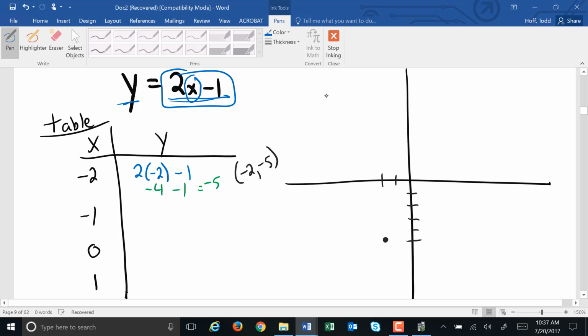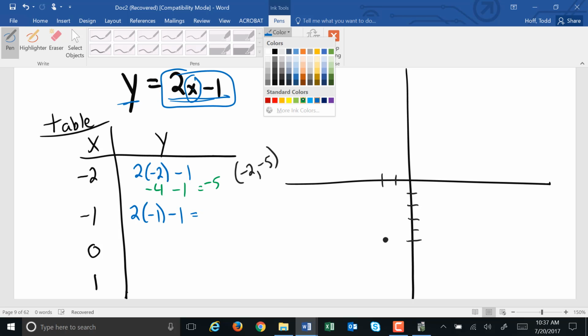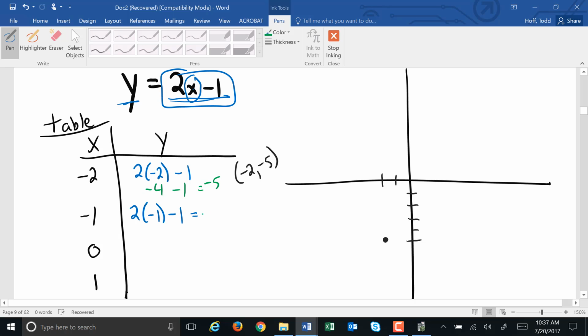Well, when x is -1, y is going to be 2 times -1 minus 1. What's that come out to be? 2 times -1 is -2, minus 1 is -3. So when x is -1, y is -3, gives us that ordered pair. -1, -3 is right there.